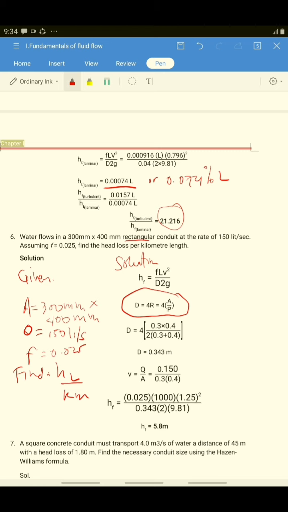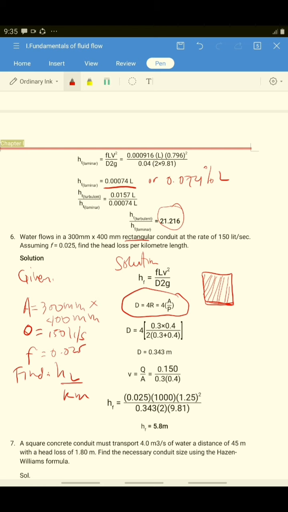Then hydraulic radius is equal to area of flow divided by the wetted perimeter. Since the conduit is a rectangular pipe and it is flowing full, the wetted perimeter is just equal to the perimeter of the rectangle. Same also for the area of flow, it is just equal to the area of the rectangle.